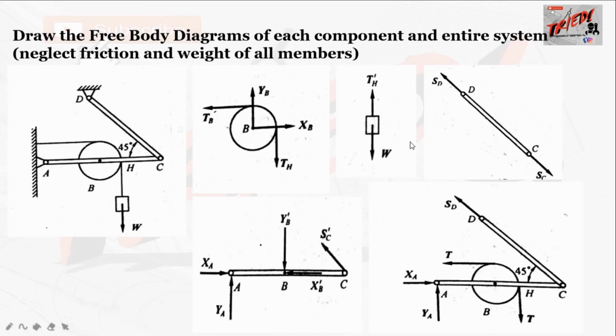The total for all these components will be something like this. As you can see, here we have two reacting forces, and here we have one reacting force, and here we have one reacting force. And this will be our entire free body diagram for this system.